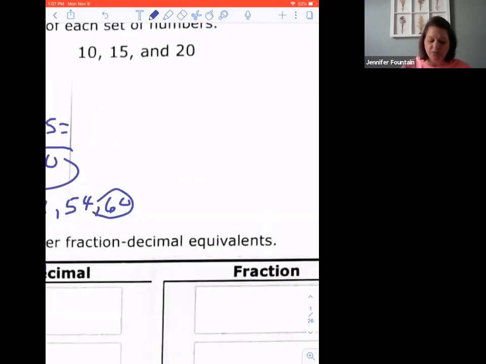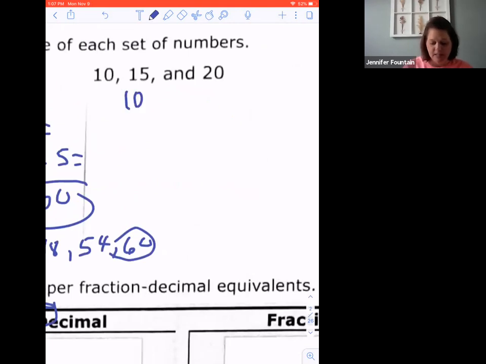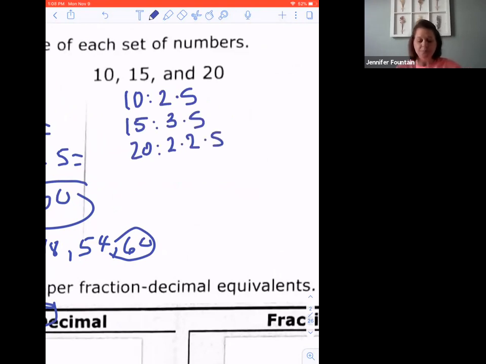So let's look at 10, 15, and 20. 10 is 2 times 5. 15 is 3 times 5. 20 is 2 times 2 times 5, so I would represent that as 2 squared times 5. Again, I have 2, 3, and 5 as my factors being represented.